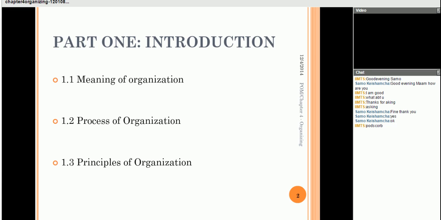After planning, once we are through with the plans, we have decided what is to be done, when is to be done, how is to be done. Then we are going to organize the whole thing.